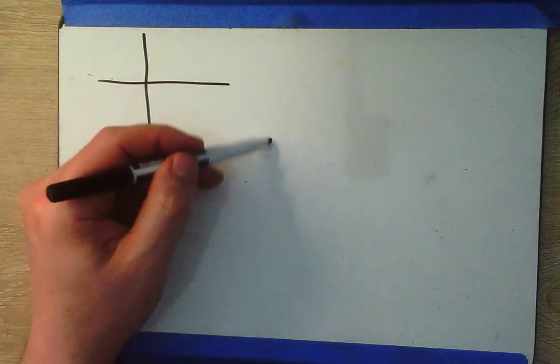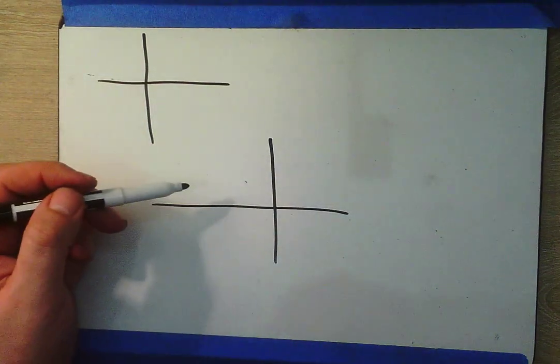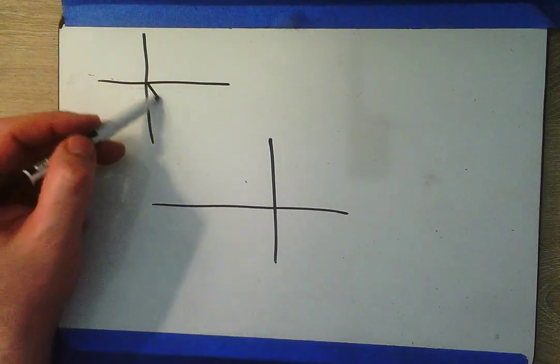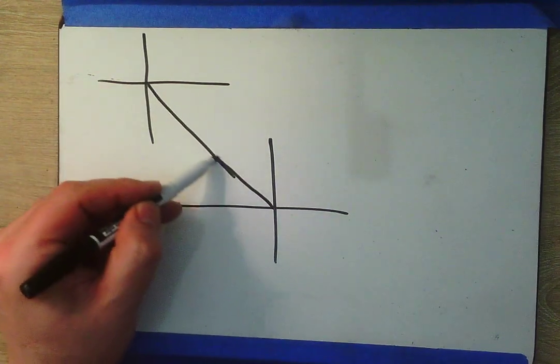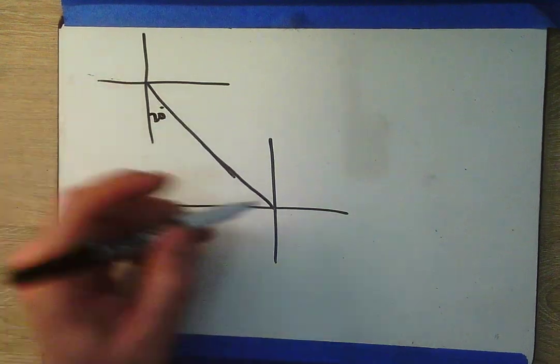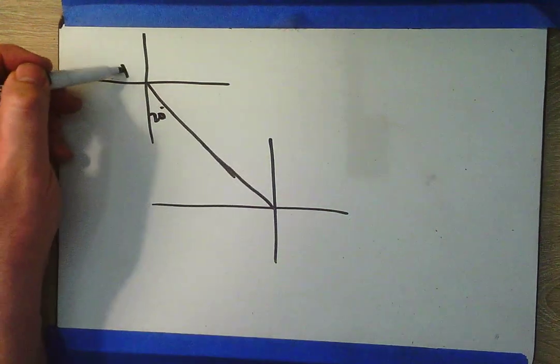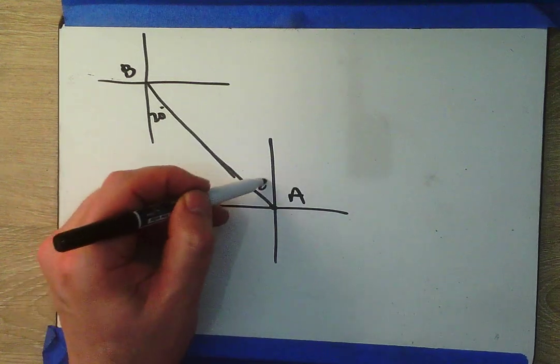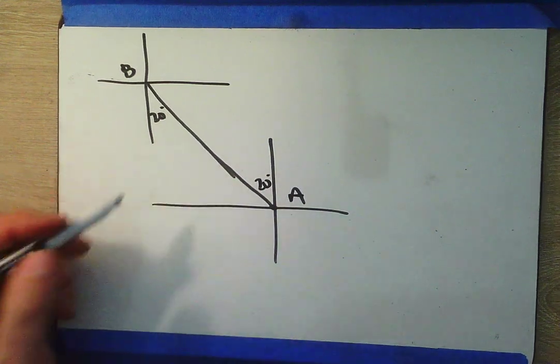I also just want to be clear that the way we draw and understand these pictures definitely has an effect on how we describe bearings. So if I know that this is 20 degrees, and this is B, and here we have A, and this is 20 degrees.